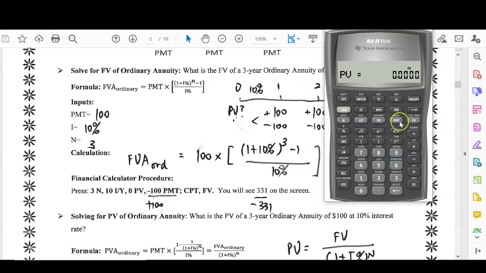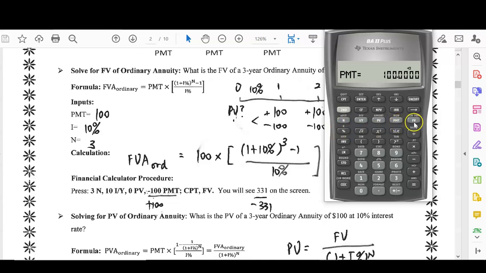For this payment here, it's by default, which means ordinary annuity. We know it's 100 payment. Because we have N as 3, payment as 100, the calculator knows we have a 3-year ordinary annuity.